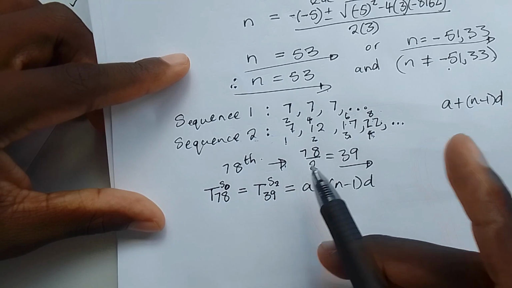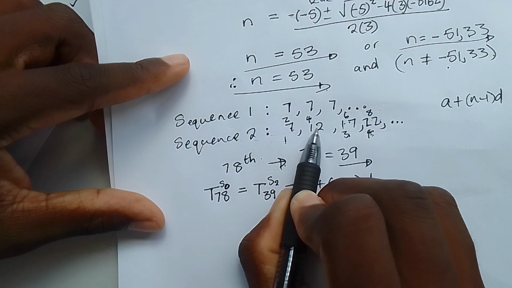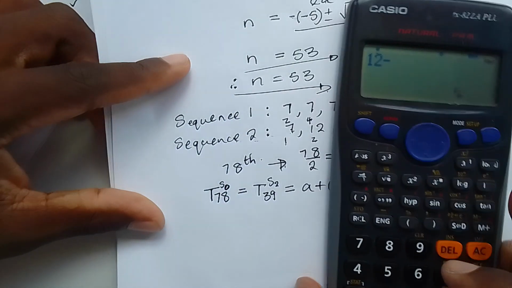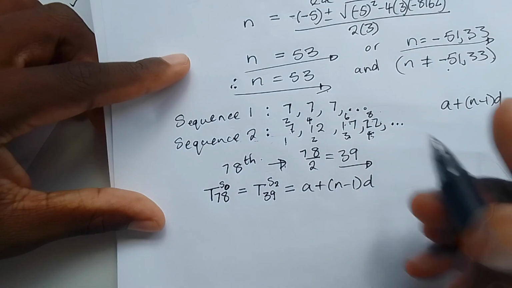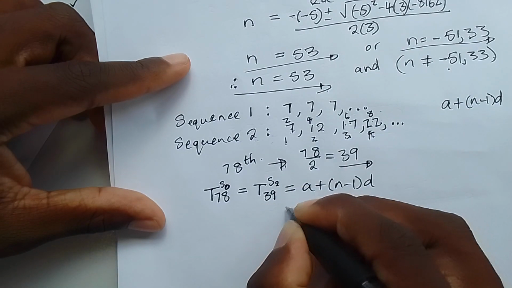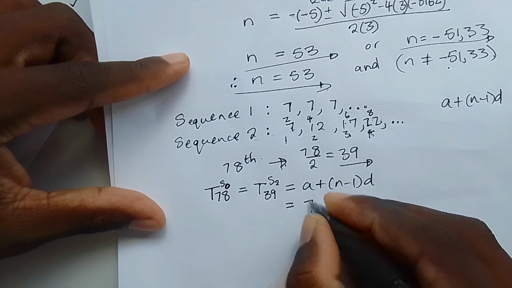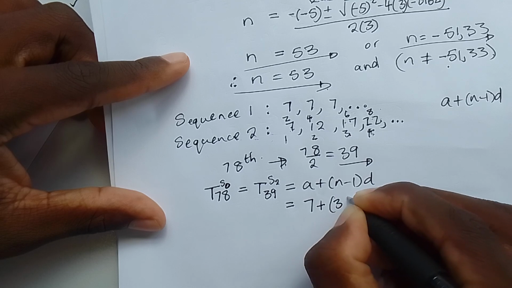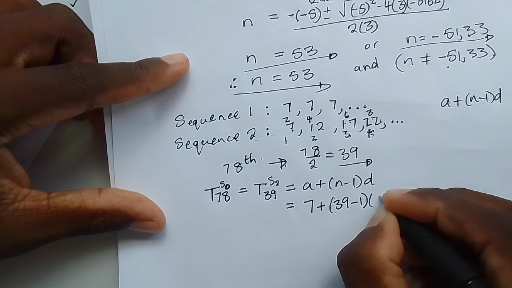We already proved it's 5. Now, the first term is 7, we're substituting, plus n is 39 minus 1, d is 5.